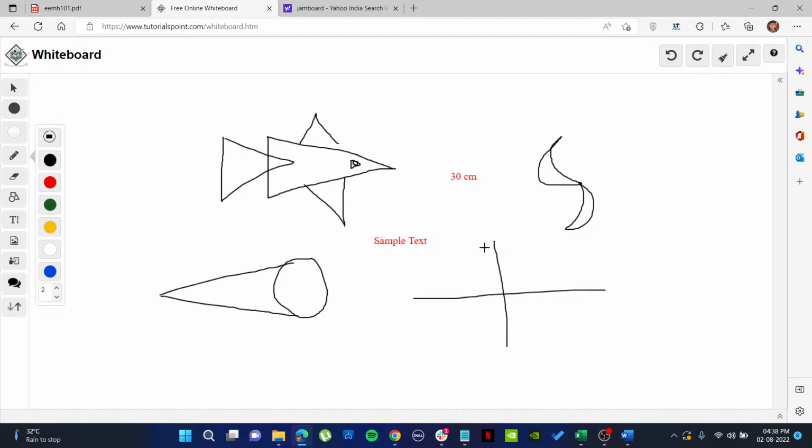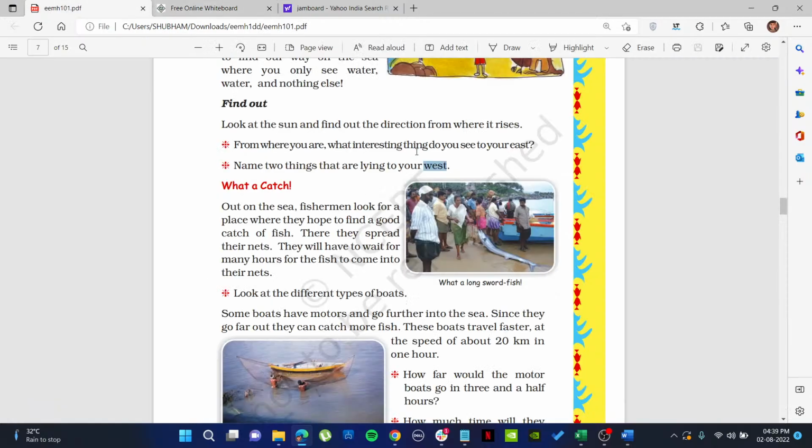This is north, which we represent with the letter N. The opposite of north is south, and the arrow towards the right hand side is east, which we represent by the letter E. And the opposite of east is west, which we will represent by the letter W. So these are our four directions: north, south, east, and west. Consider these two questions as your homework.